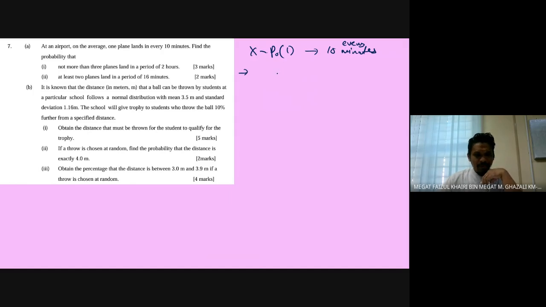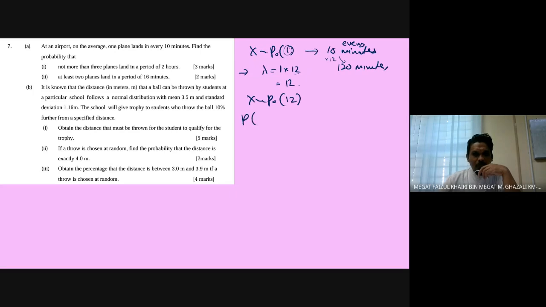Lambda equal to 1 for 10 minutes, so 2 hours, which is 120 minutes, is 12 times that. So the new lambda is equal to 12. So X is Poisson distributed with lambda equal to 12.